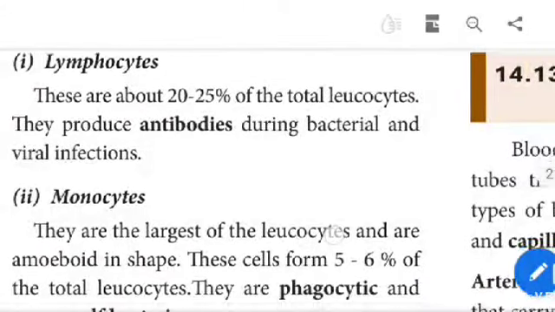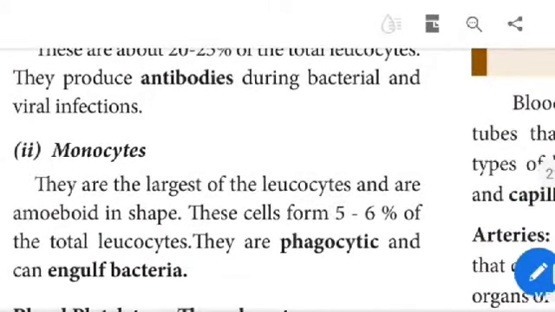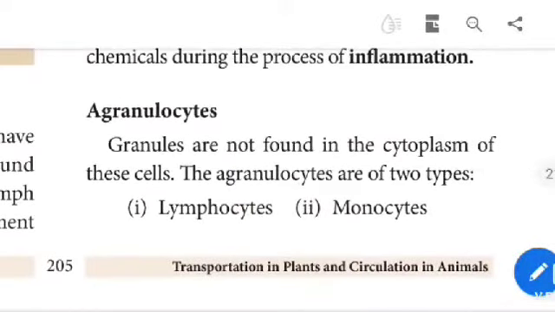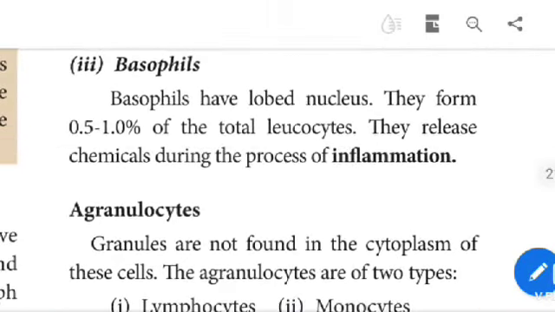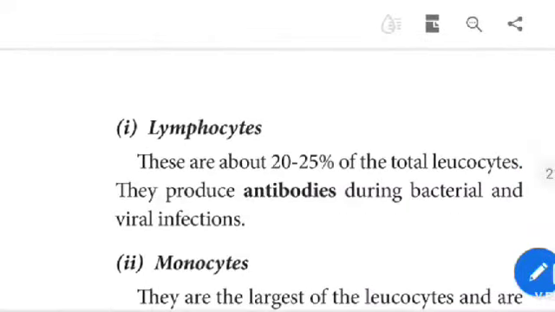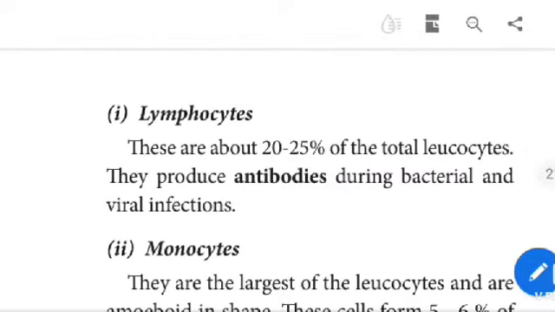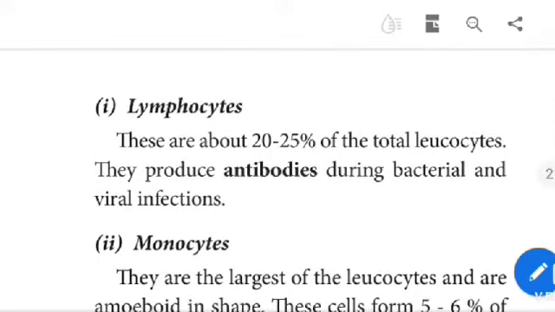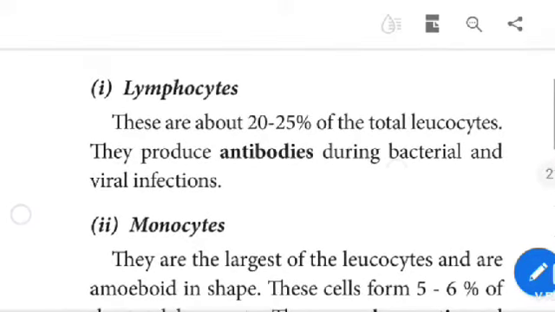Granules are not found in the cytoplasm of these cells. The agranulocytes are of two types: lymphocytes and monocytes. Lymphocytes are about 20 to 25% of the total leukocytes. They produce antibodies during bacterial and viral infection.